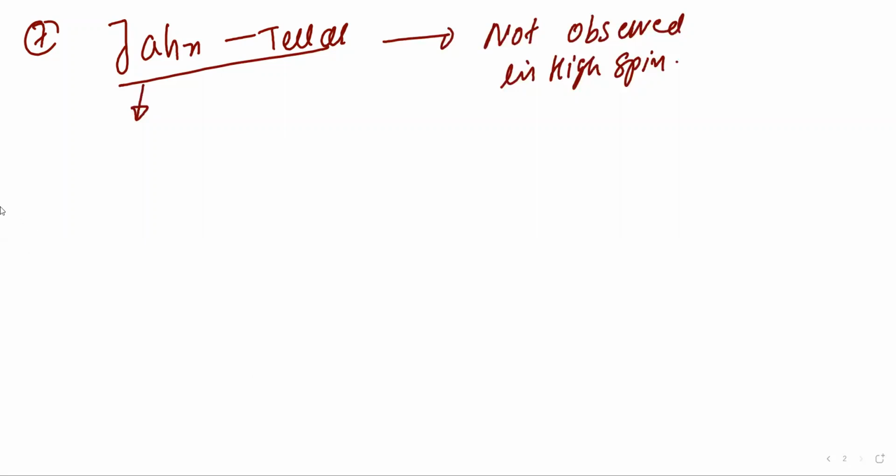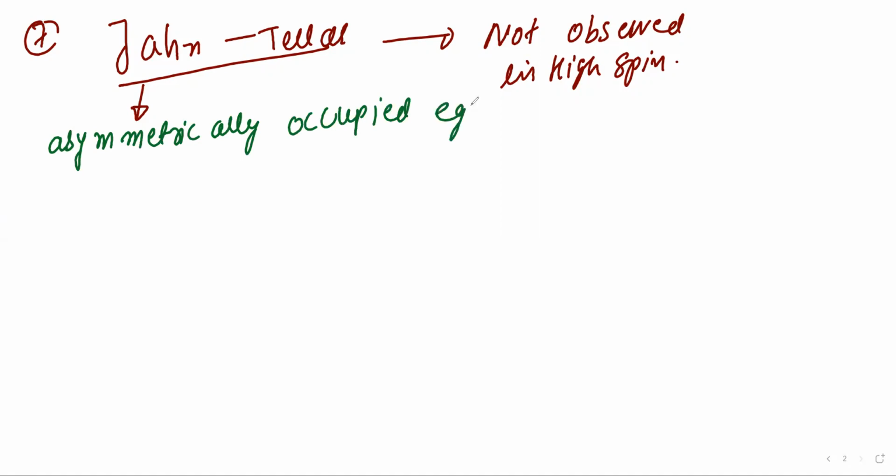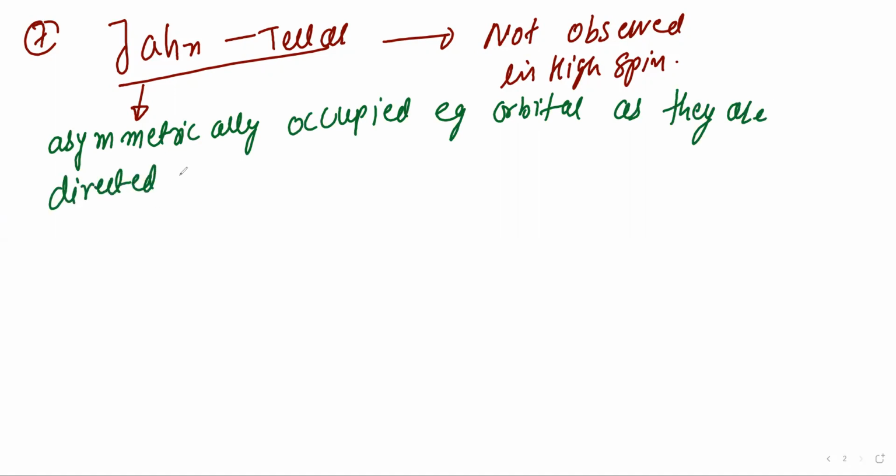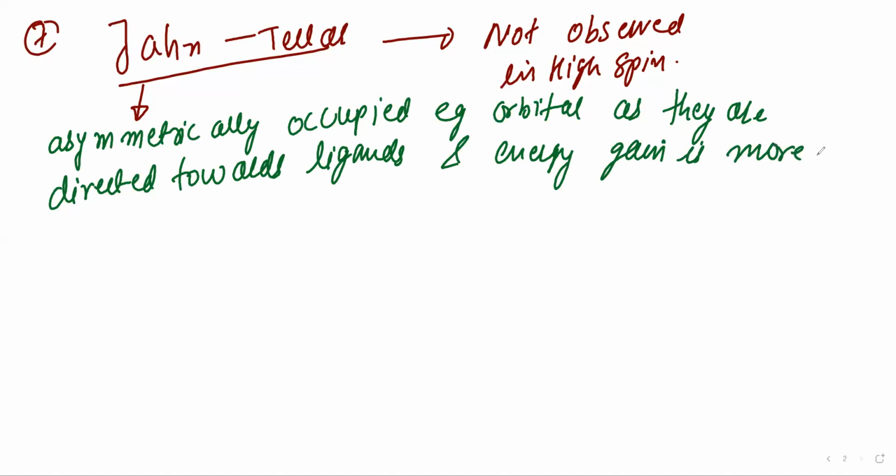It is significantly explained for asymmetrically occupied eg orbitals, right, as they are directed towards the ligands, and the energy gain is more. So this is told by Jahn-Teller, right?